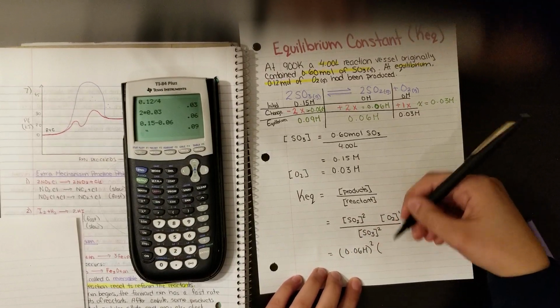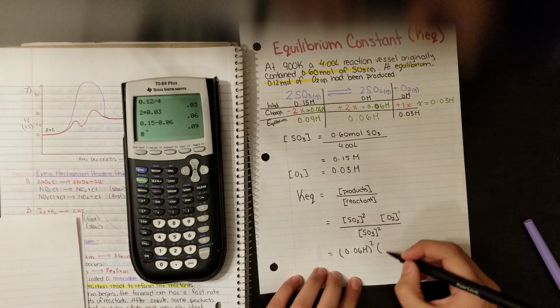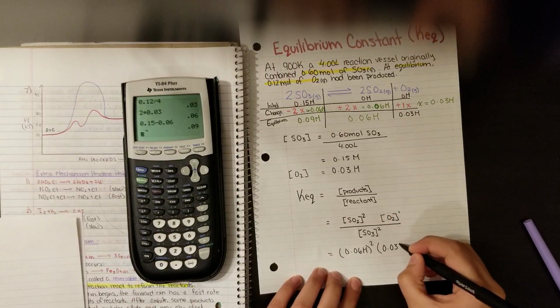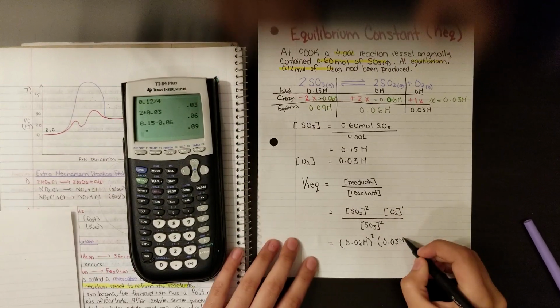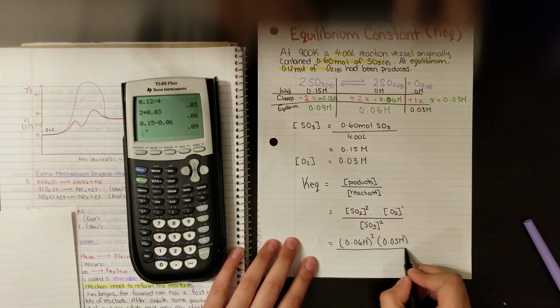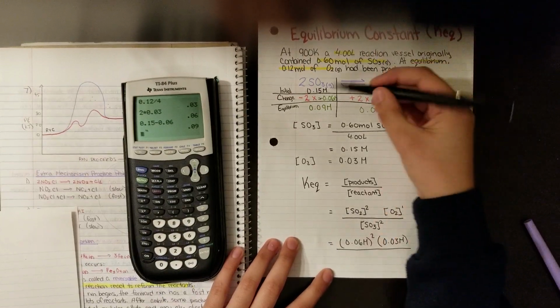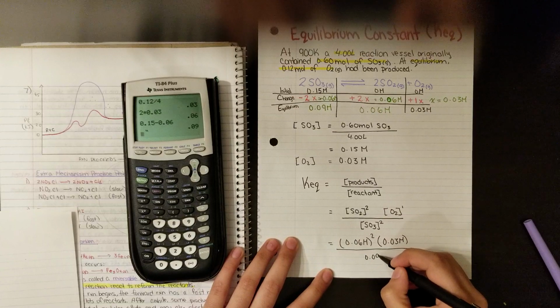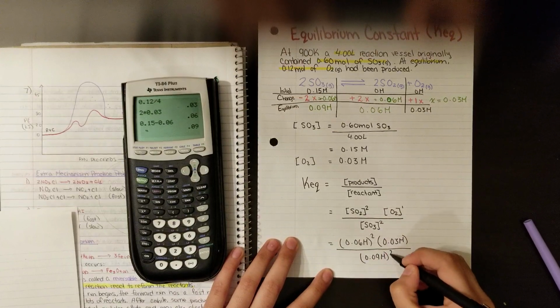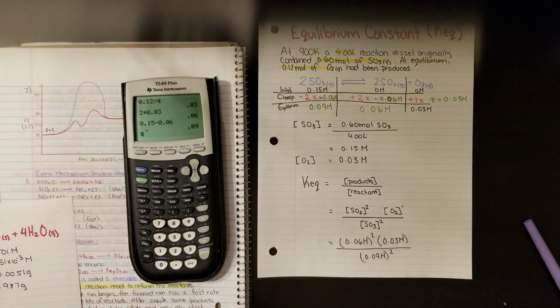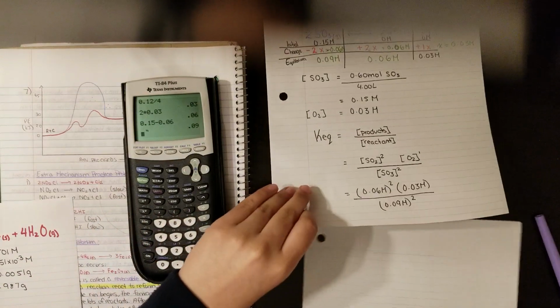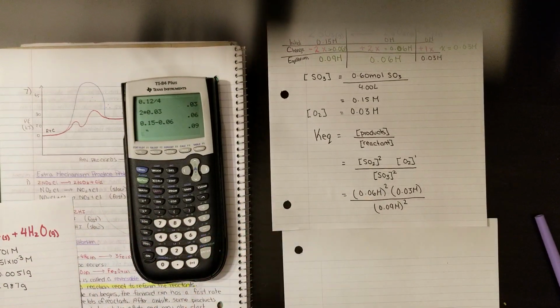The concentration of O2 at equilibrium is 0.03 molar, and it's all divided by 0.09 molar squared.